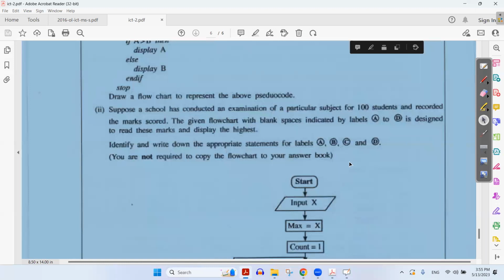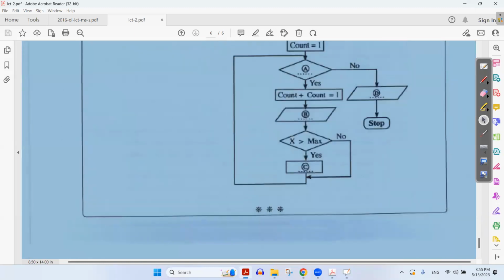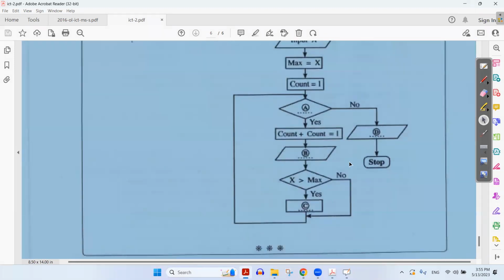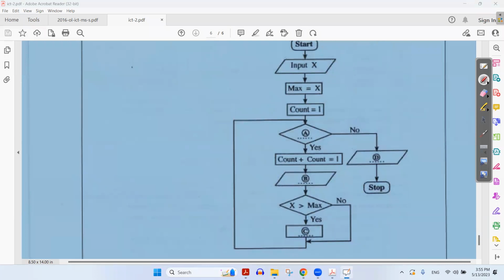So let's see. Right, so in there, start, the X will be inputted. Right, so let's assume X as something, say 10. X is given as the max. So X, and the max is also given to the X. And count is indicated as 1. So yeah.